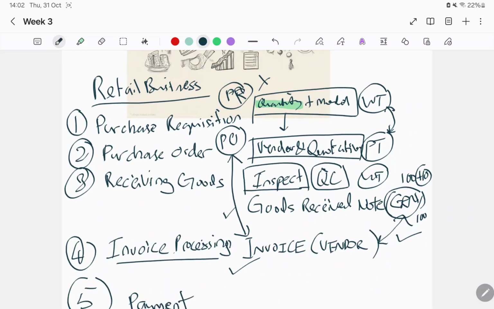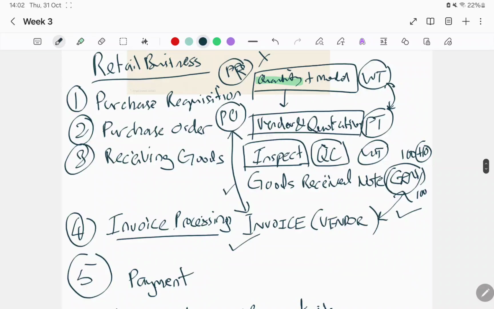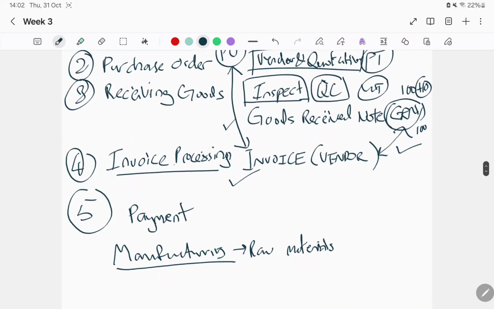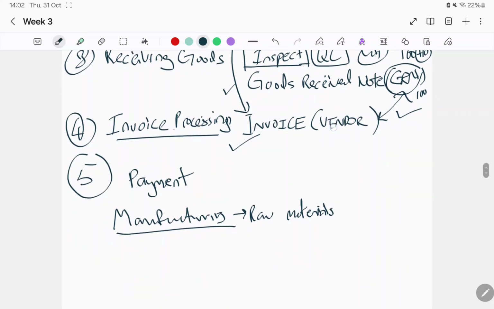They will go through requisition, recognizing that they need to purchase something, all right, and then they will select the vendor, which is to generate the purchase order, and then they'll be receiving the goods, the items that they are requesting, and then they will process the invoice sent by the vendor. After that only they do the payment.